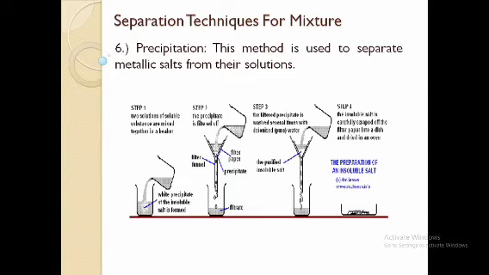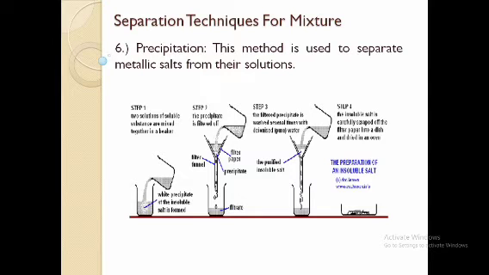If one substance is soluble and the other is insoluble, the insoluble one settles at the bottom of the container as solid particles, usually known as precipitate. The insoluble substance can then be removed from the soluble substance by decantation or filtration.